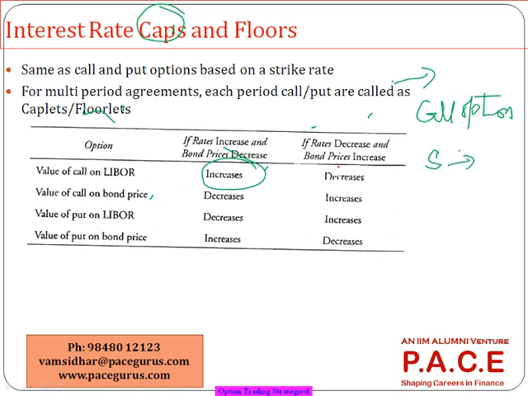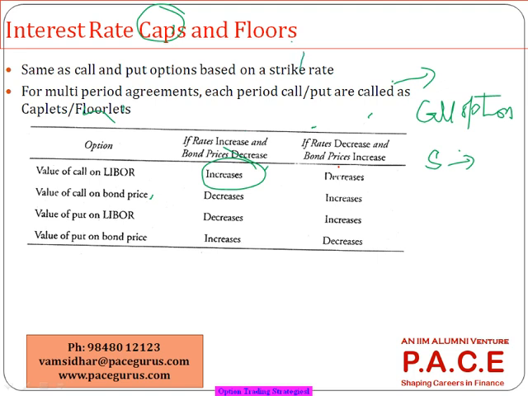We have seen the factors that are affecting the call option price, and in that grid we said as the price increases, the call option premium also will increase. So here also, as the interest rates increase, the call option premium also increases. Call option on the interest rates, whether it is an interest rate cap or whatever it is, the call option on the interest rates increases. If the call option increases, the bond value will come down, right?